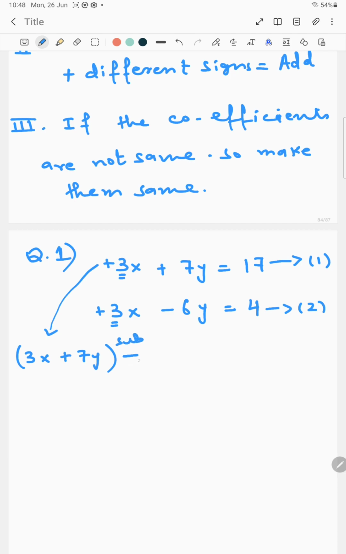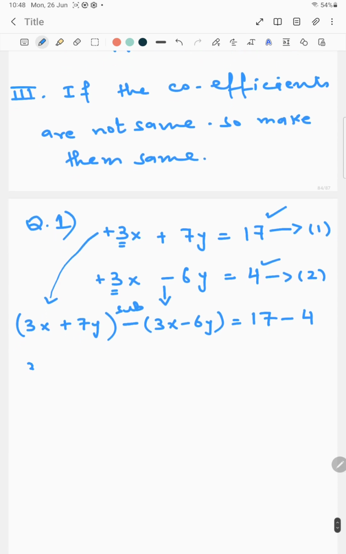Then we will write the second equation, 3x minus 6y is equal to, now the first equation constant number 17, as we have to subtract them, so minus, and then the constant of the second equation, which is 4.